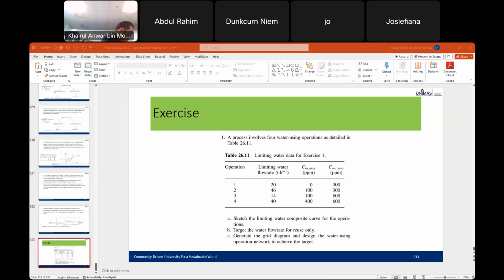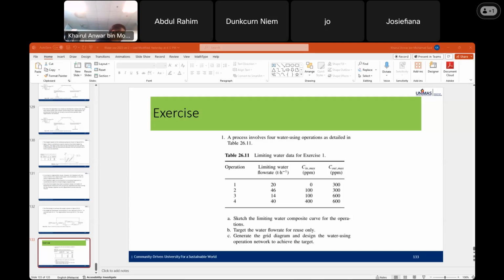So you construct the limiting water data for the operation. In this case, what is the limiting water data? That one in the book, you can read Robin Smith's book, page 595.